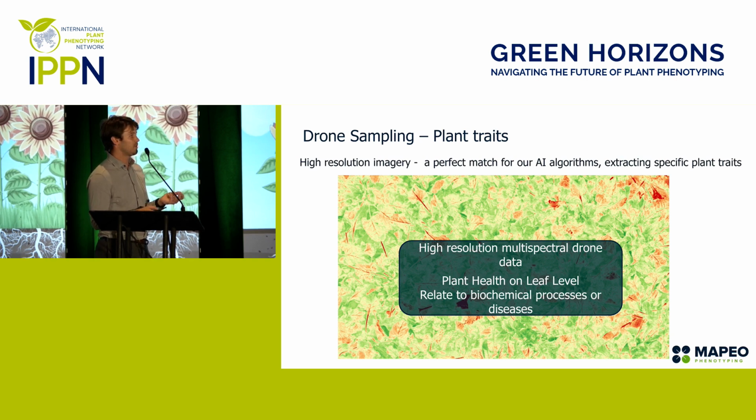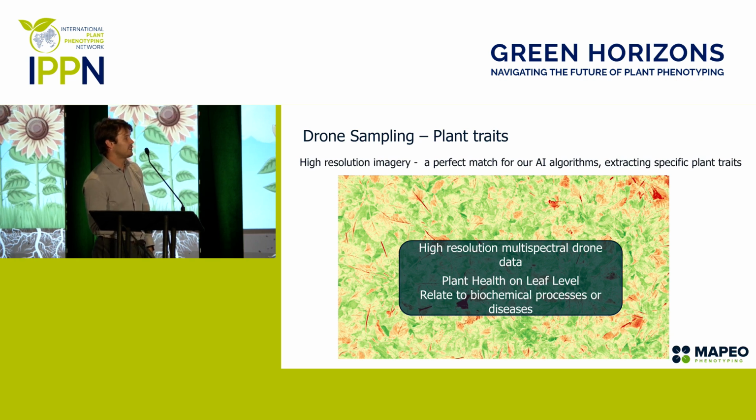But this is also possible here. So you can see here we have our NDVI for the leaves themselves, and you can see which ones have a high healthiness index according to NDVI and where it is less than ideal. And this can then be related to biochemical processes or diseases.